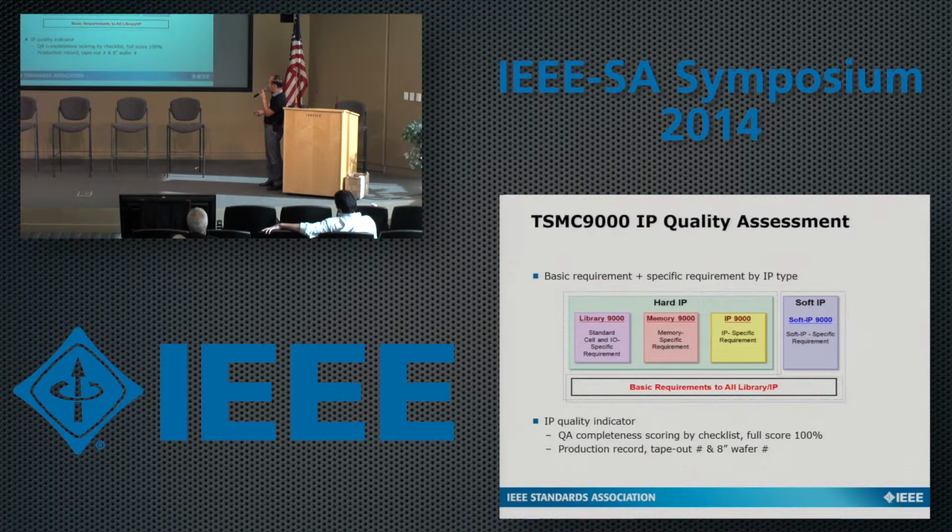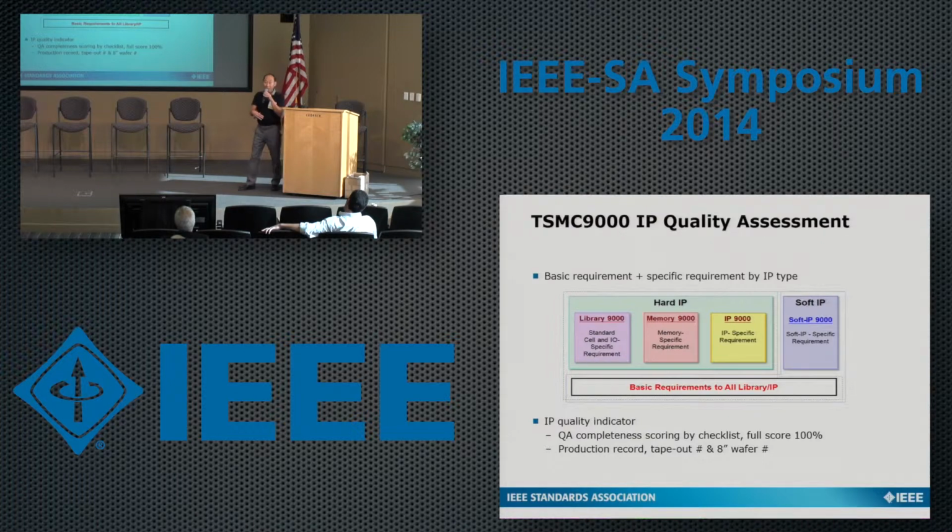So you can see each of those has a base level requirement, and also there's an IP specific requirement as well. In addition to the actual requirement, at the end we produce what we call a quality indicator, where it has scoring, and it also has a production record, number of tape outs, and also number of wafers actually produced during the lifetime of this IP.